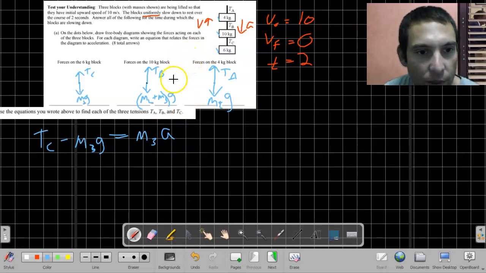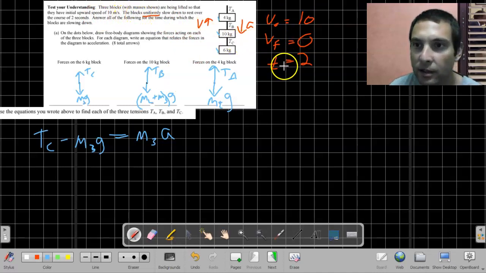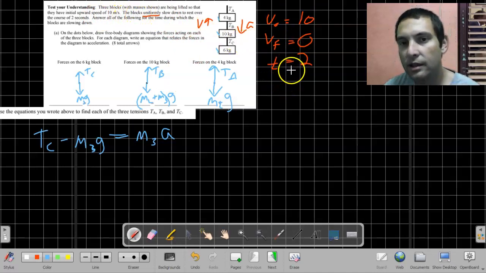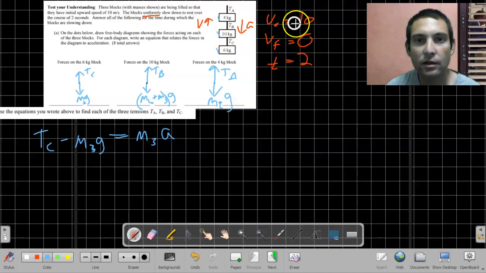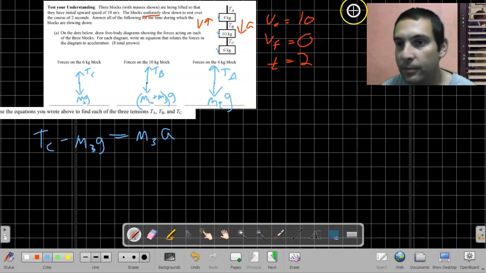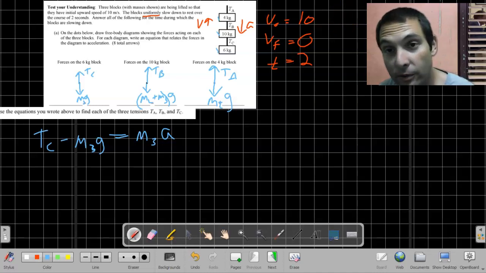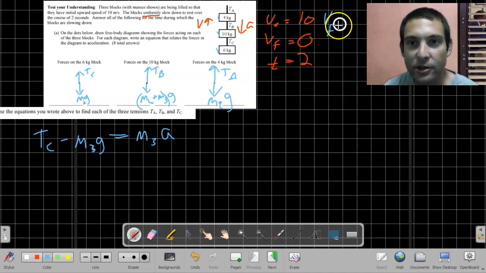How fast is this going up? Well, 3 blocks are being lifted. Uniform acceleration, I already said that. That means we can use a kinematic equation. If we have initial velocity, final velocity, and time, velocity as a function of time. Let me start with the first equation. Sorry, I'm rushing ahead.